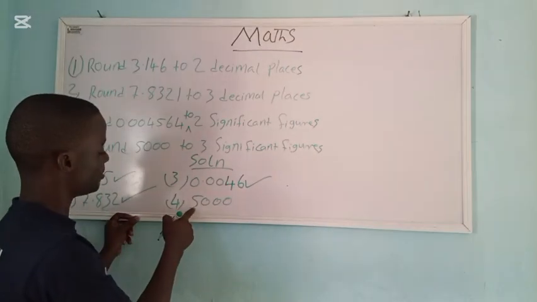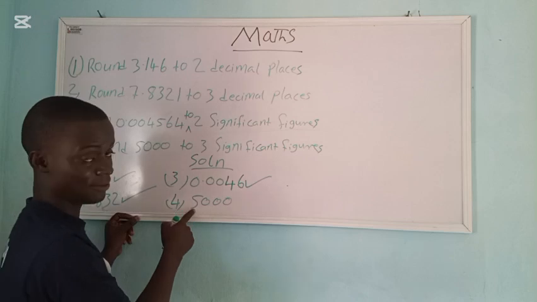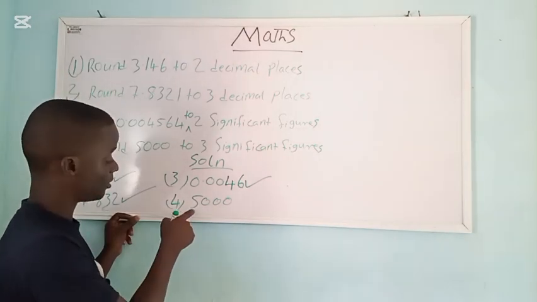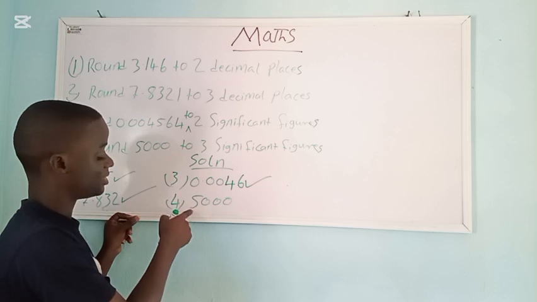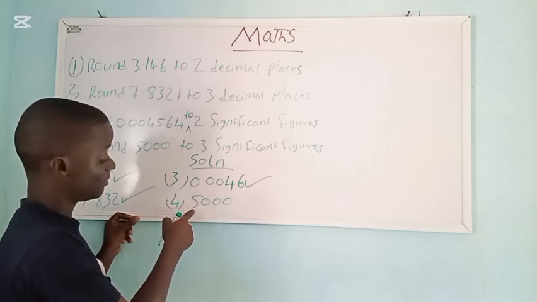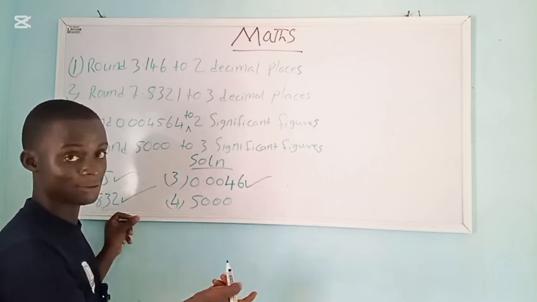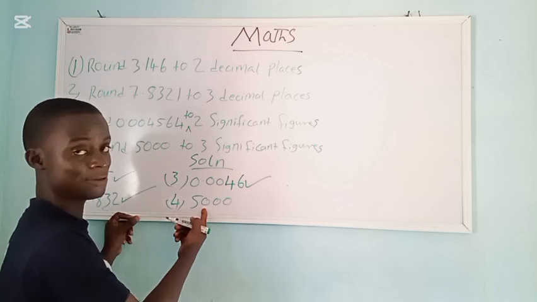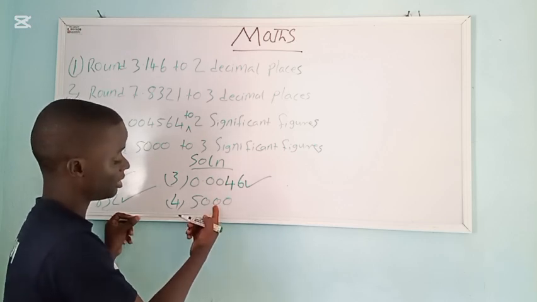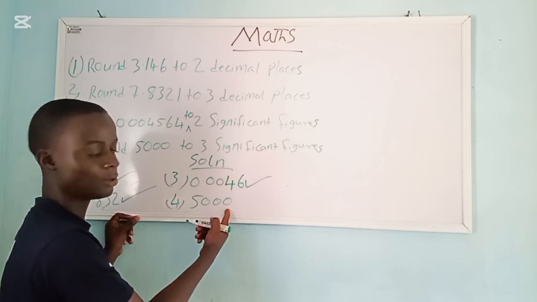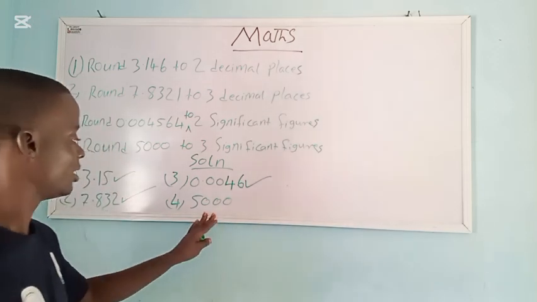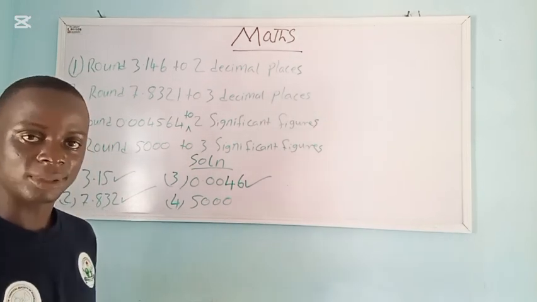This 5,000 can be one significant figure, because this 5 is a significant figure. Since the zeros are at the back, it can be two significant figures, three significant figures, or four significant figures.